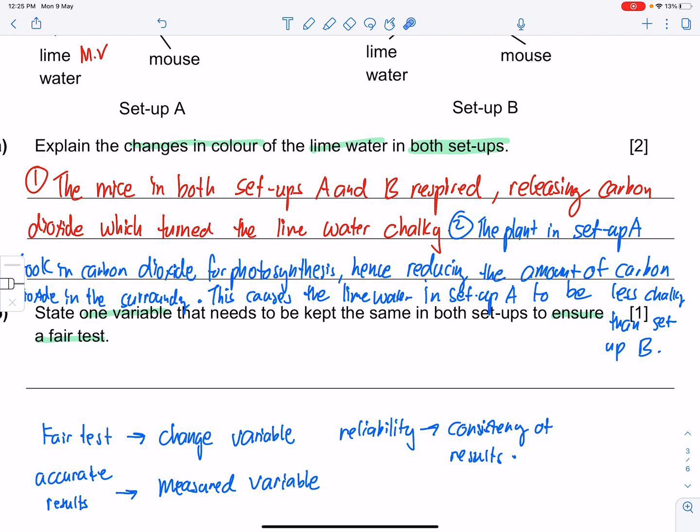Now, your accurate results has got to do with your measured variable. Yes, your measured variable. What do I mean by that? Let me ask you a question.